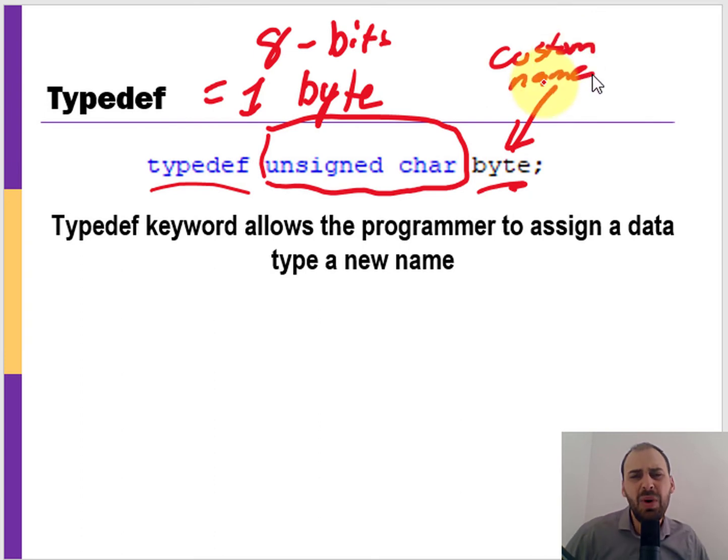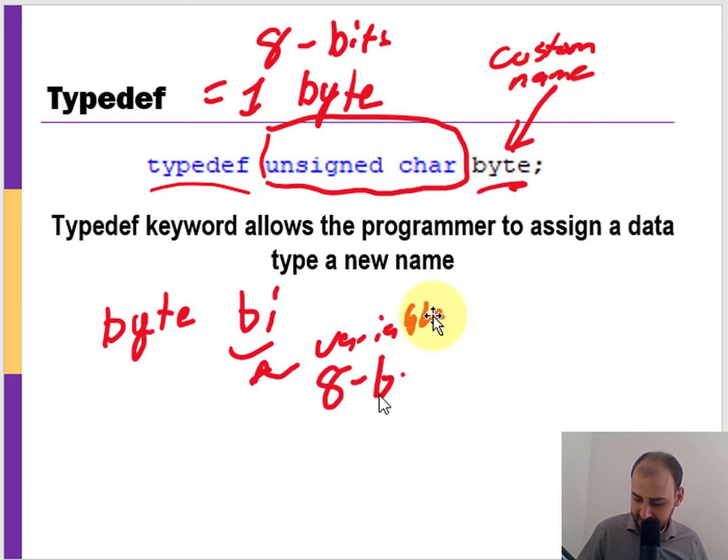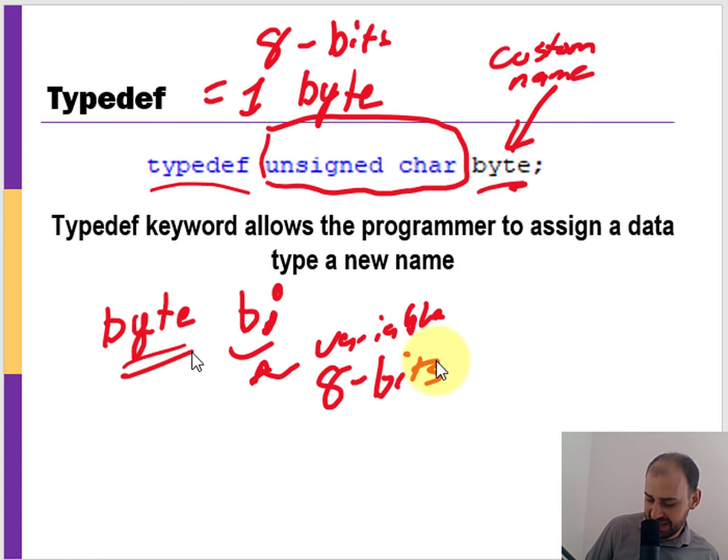I could say, hey, I just want to be able to declare a variable of type byte. So in my code I can do something like that, where I now have a variable that takes 8 bits to store. This is supposed to be a semicolon, not an I here. And I'm giving it a descriptive data type name: it's 1 byte of data that we're storing. There's nothing wrong with doing that.